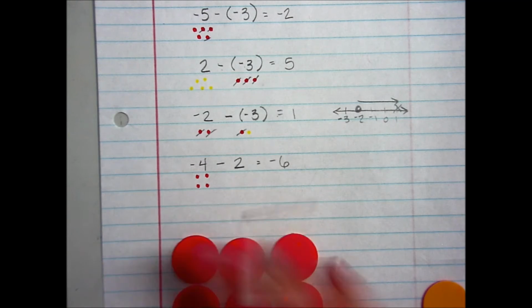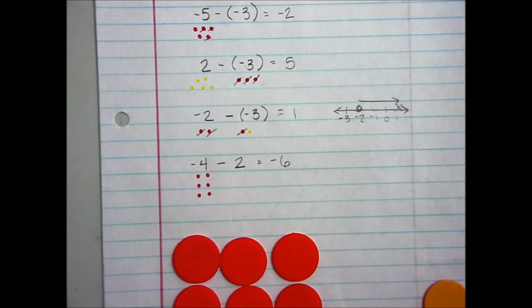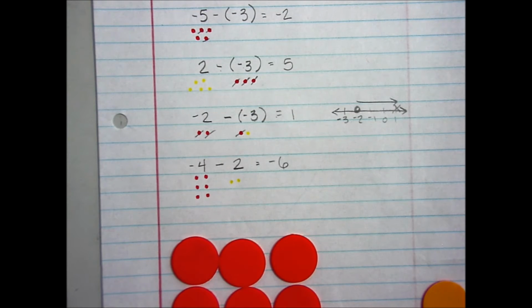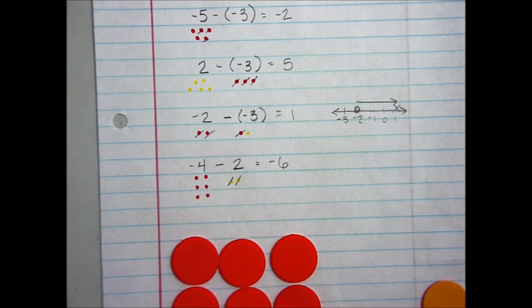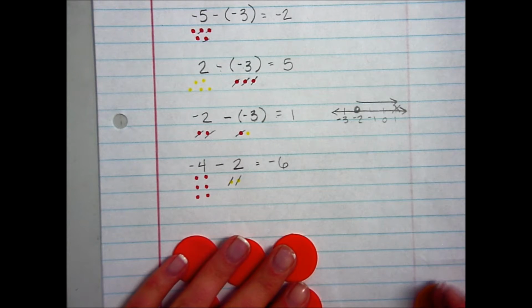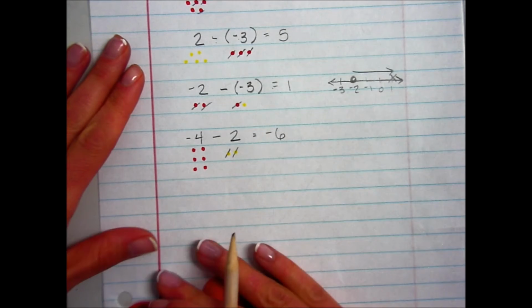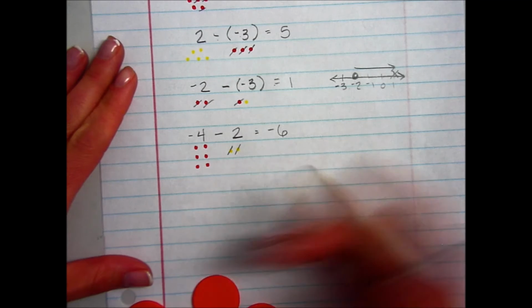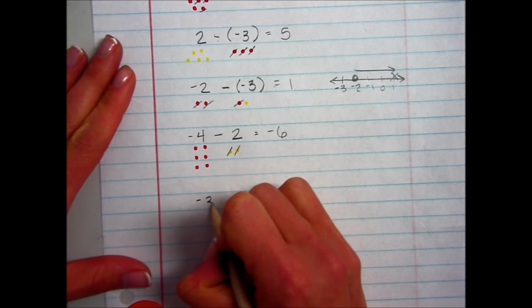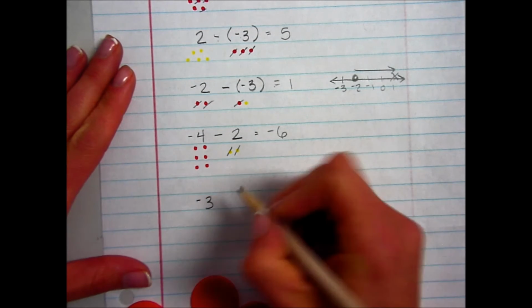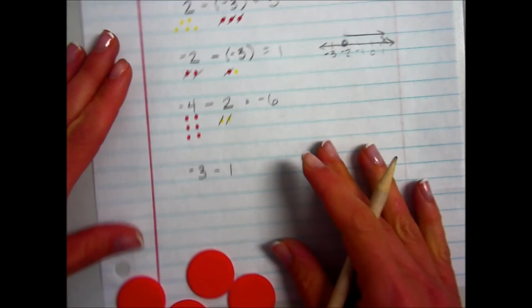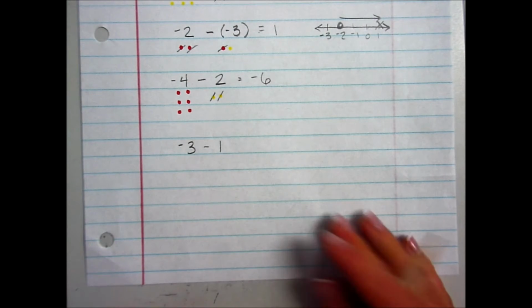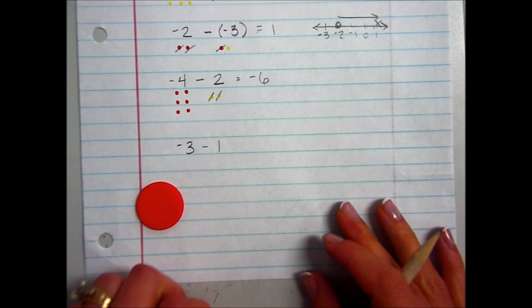Do I need to do that one again? Okay. Alright. Let me just do another one that looks like it. Alright, let's say -3 minus +1. Alright, so start with your 3 negative chips.